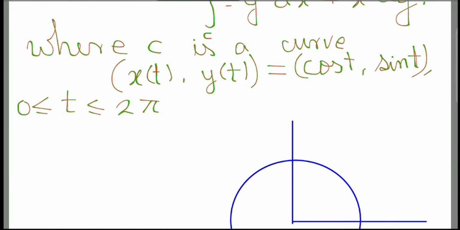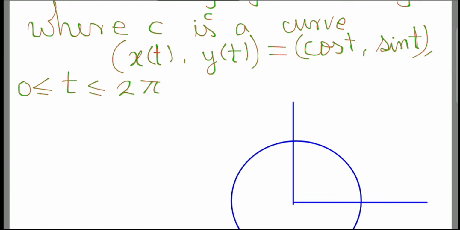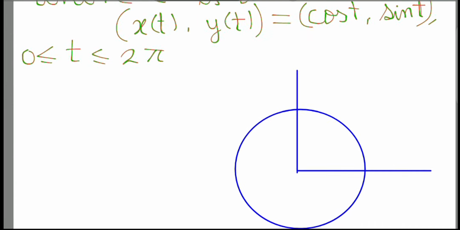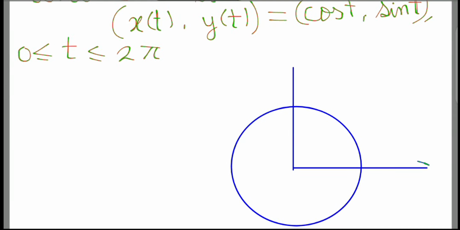Observe that cos squared t plus sin squared t equals 1, and so as t changes, the point cos t, sin t will lie on a circle.